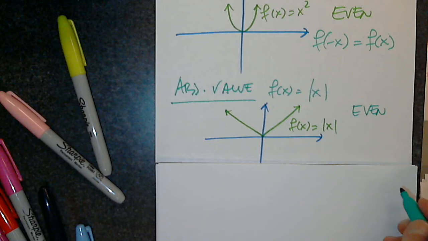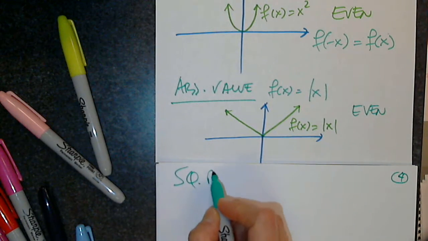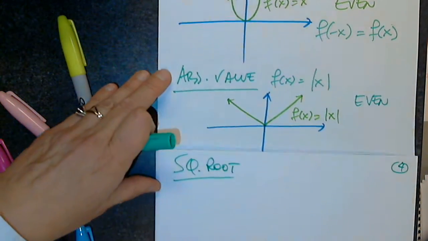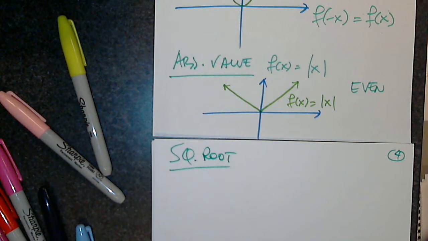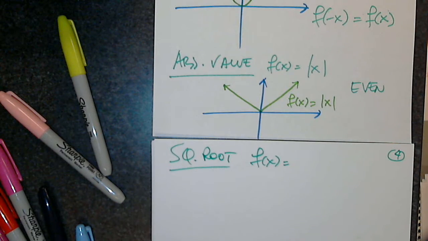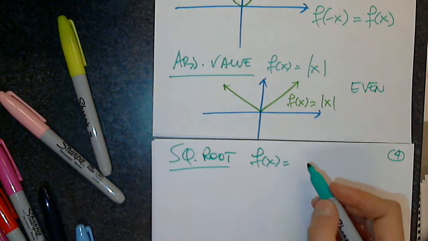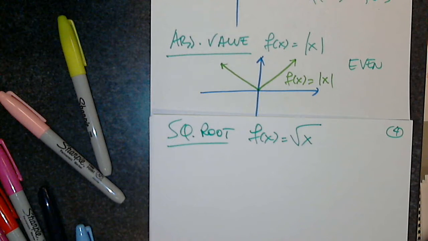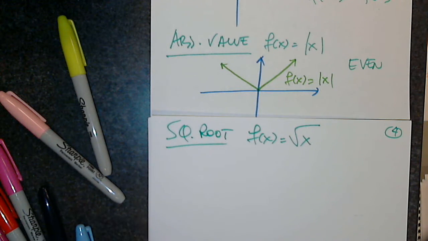Square root function. Anyone remember the simplest possible square root function? There is no other square root function that is easier than this one. Of course. What is the domain? How do I write it? In my notebook, especially now that you're starting to review for the test, I would write: how do I determine the domain of a square root?